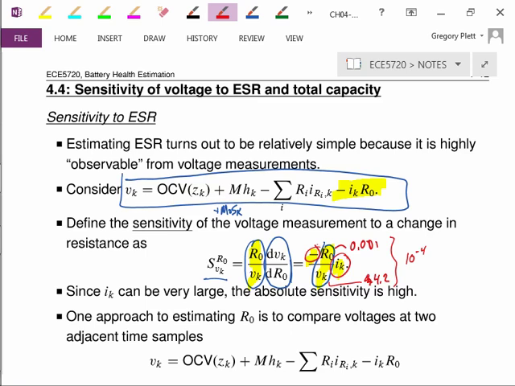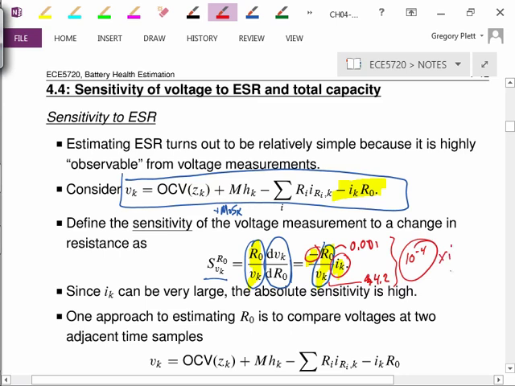So overall, the sensitivity result, when I multiply this by current, is maybe on the order of 10 to the minus 2. And that might not seem like a big number, but that's going to be a lot bigger than what we find for capacity. So this absolute sensitivity of voltage to resistance turns out to be pretty high.